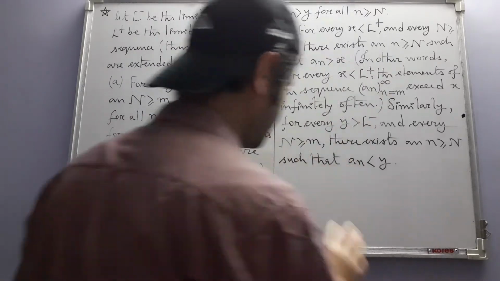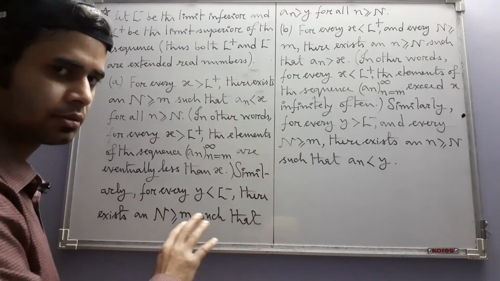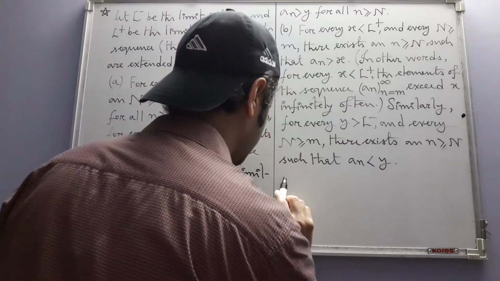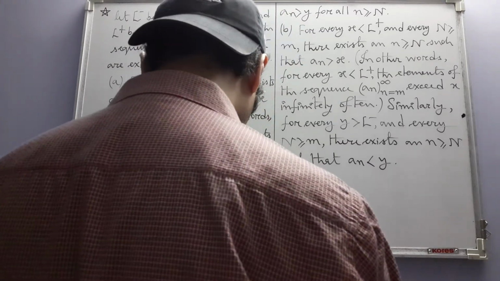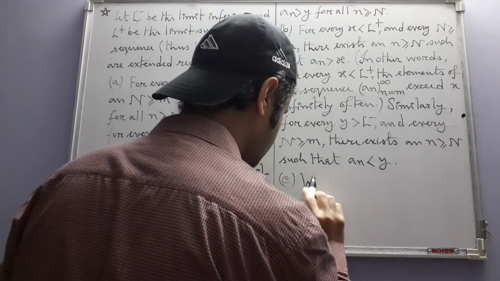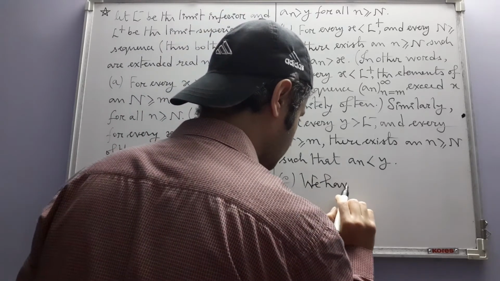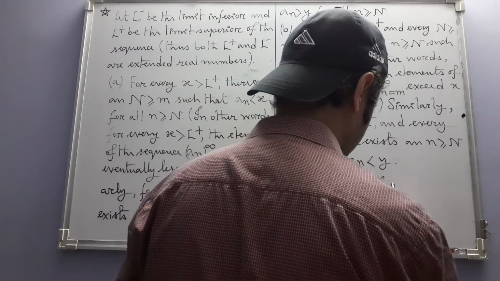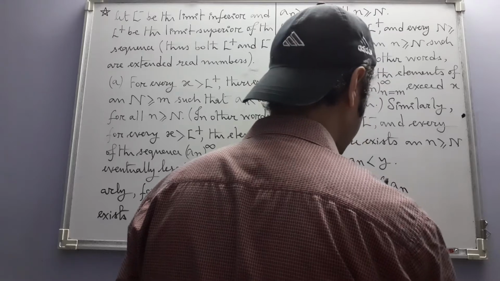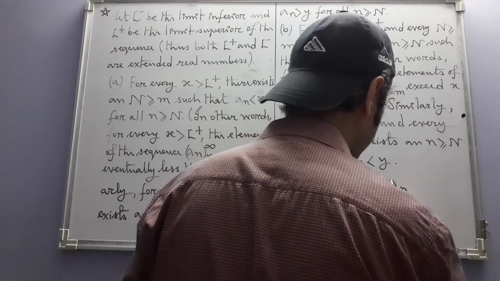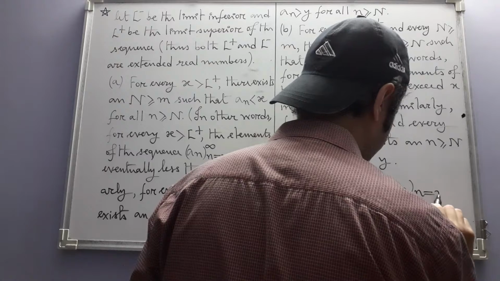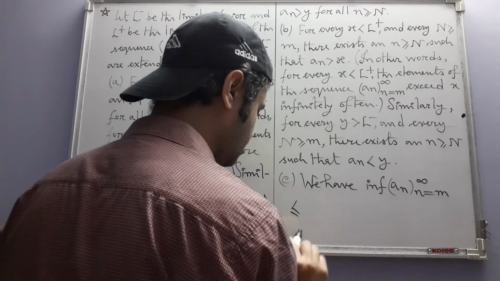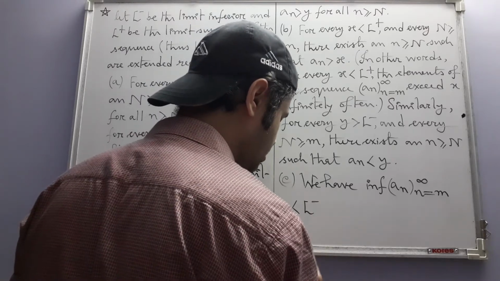And similar interpretations are also there for the parts involving limit inferior. Okay, then part C. In part C we have this infimum of the entire sequence, this is not inferior, this is infimum, is less than or equal to the limit inferior.